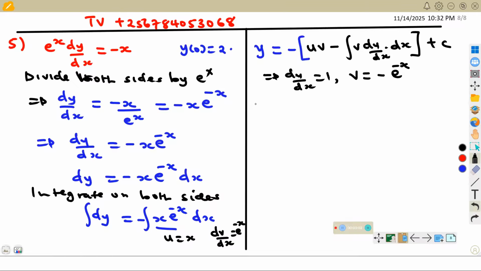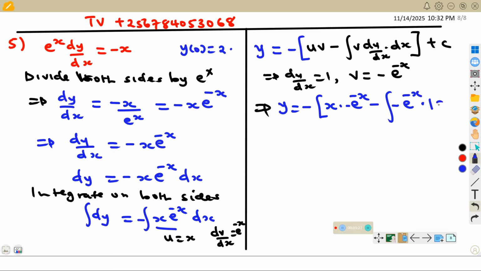This means that we shall have y as negative of u, which is x, times v, which is negative e to the power negative x, minus v, negative e to the power negative x, times du/dx, which is 1, then dx, then plus c.